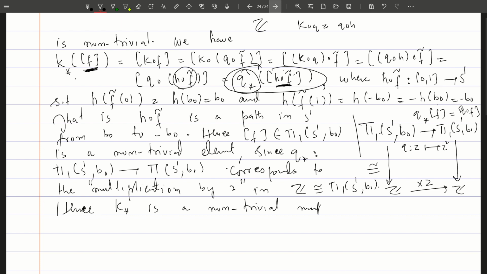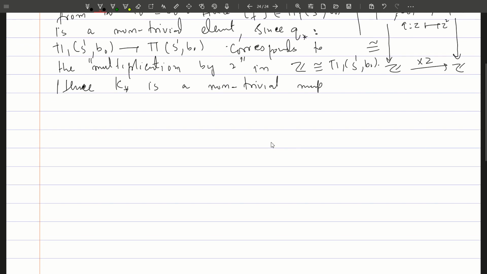Now in step third, we finally prove that H star is not null homotopic. So this is the step third. So finally we prove that H star is non-trivial.